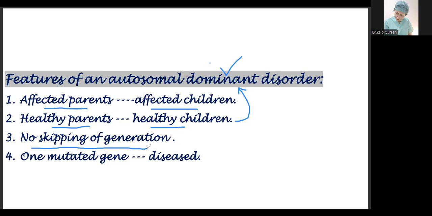One generation will be skipped, or else you can say that parents will not show the disease and children will, or else you can say that children are healthy but parents are having disease. So this is called skipping of generation. And this is a very important thing: one mutated gene is present and the person will be diseased.